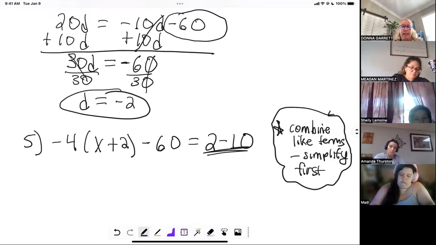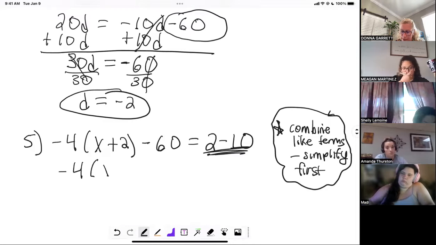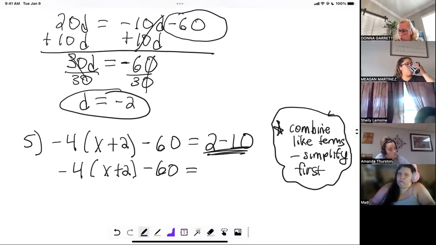Can I do 2 minus 10? Yes. So I'm not going to do anything except that first. You want to make sure everything on both sides is simplified as much as you can before you start solving. So -4 parentheses, x plus 2 minus 60. Okay, so 2 minus 10, 10 minus 2 is 8, 10 is bigger and it's negative, so -8.